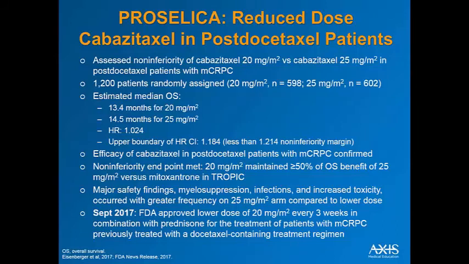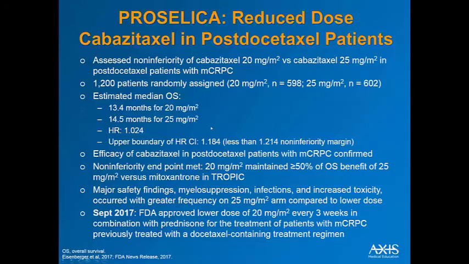Now, cabazitaxel is a good drug here. Don't get me wrong. Cabazitaxel is an active drug. It's just as active as docetaxel, but docetaxel is a cheaper generic drug, and it's been approved in this space, and cabazitaxel is not FDA approved in this space, and it simply did not show superiority against the standard of care.